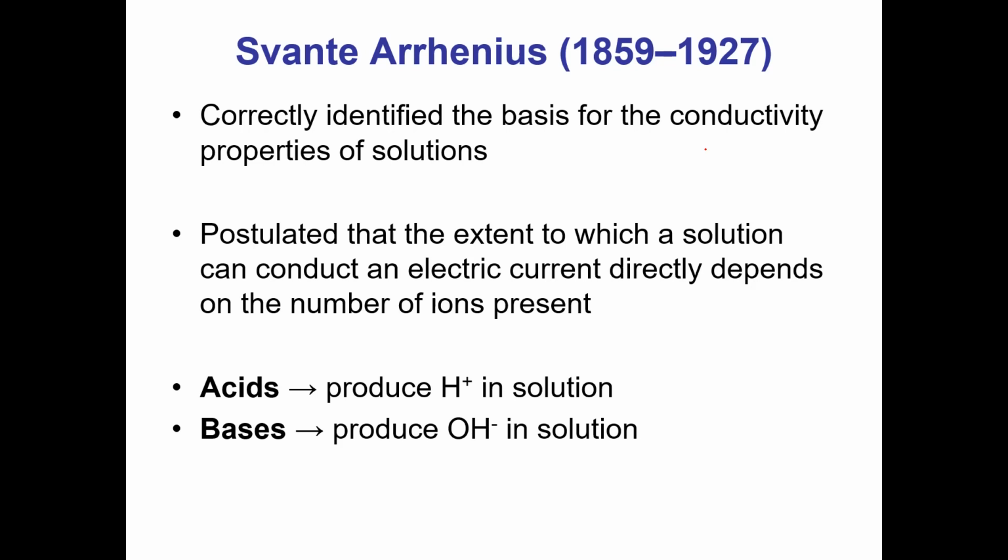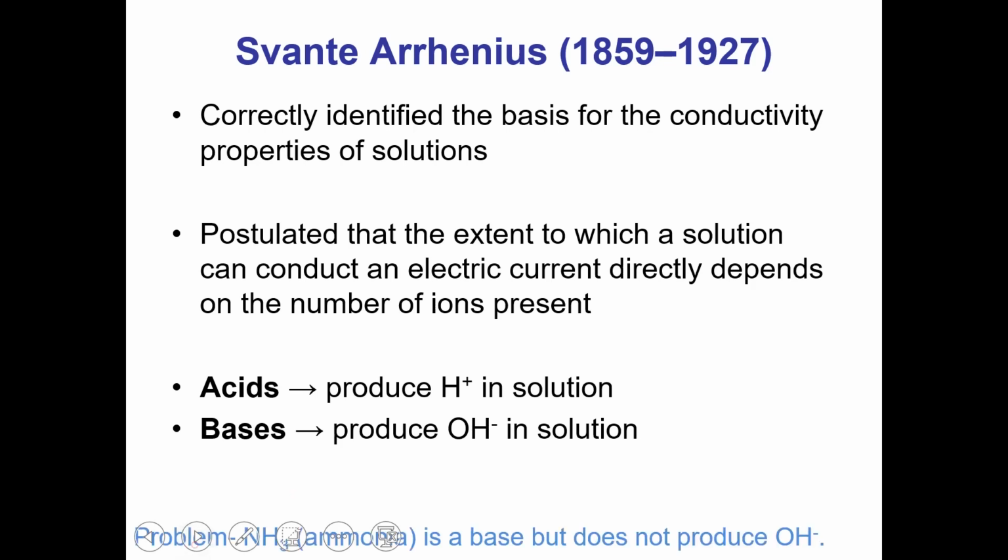The Arrhenius definition of an acid is that an acid is something that produces H+ in solution. And bases, according to the Arrhenius definition, produce OH- in solution. This is true of a lot of acids and bases, but there's one small problem with it.